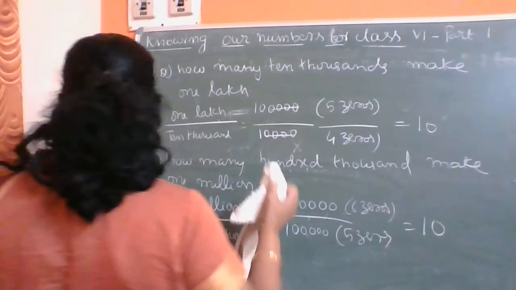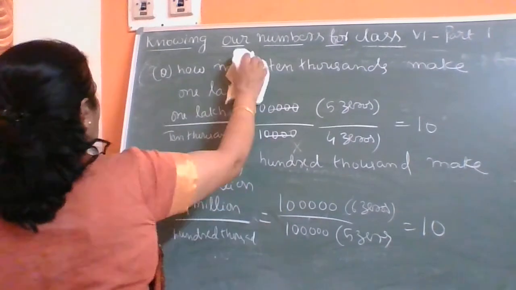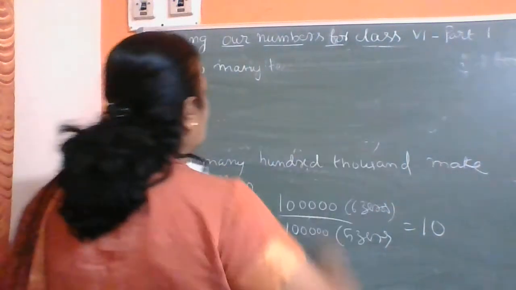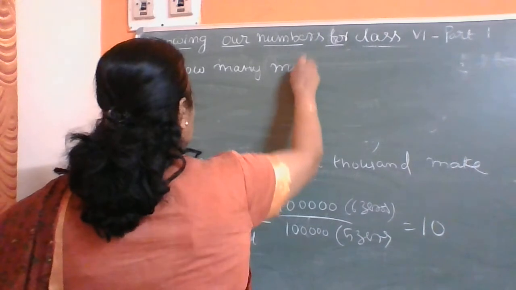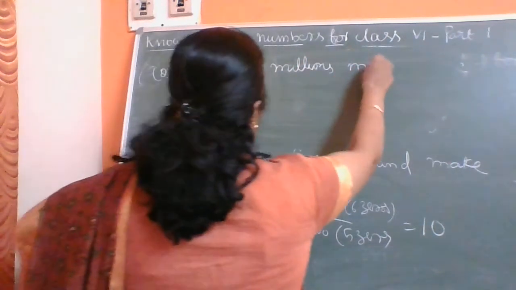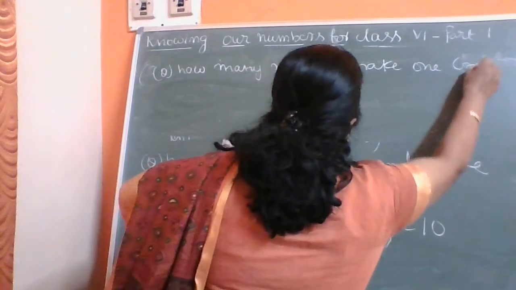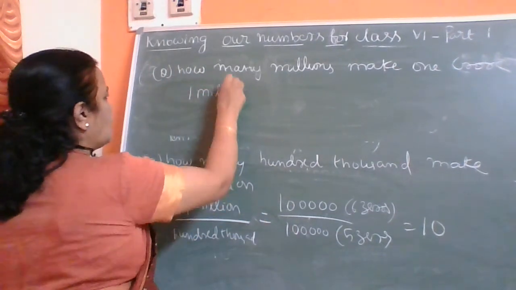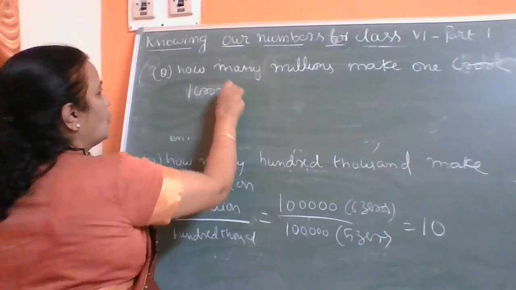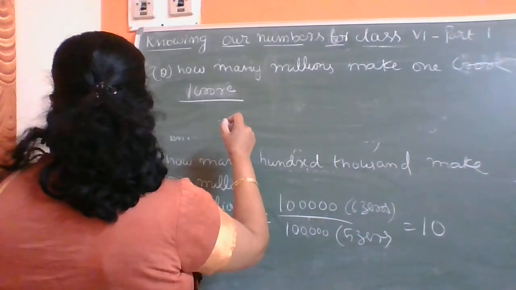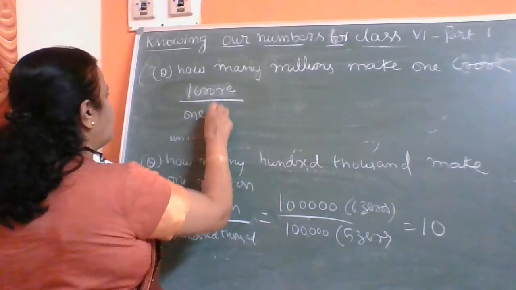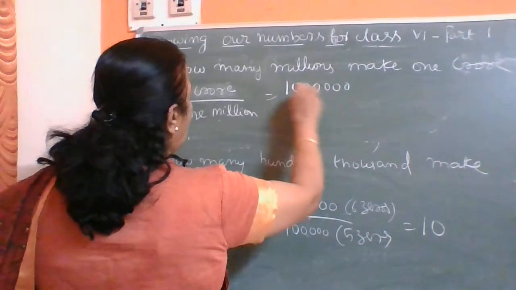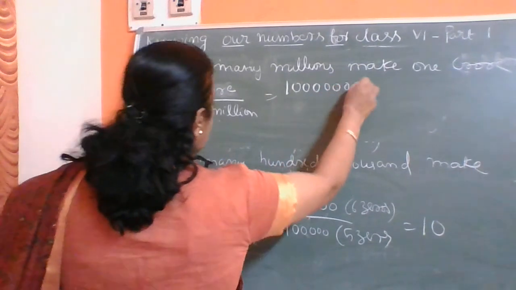And one more last sum. How many millions make 1 crore? 1 crore over 1 million. 1 crore is 1 followed by 7 zeros, 1 2 3 4 5 6 7.